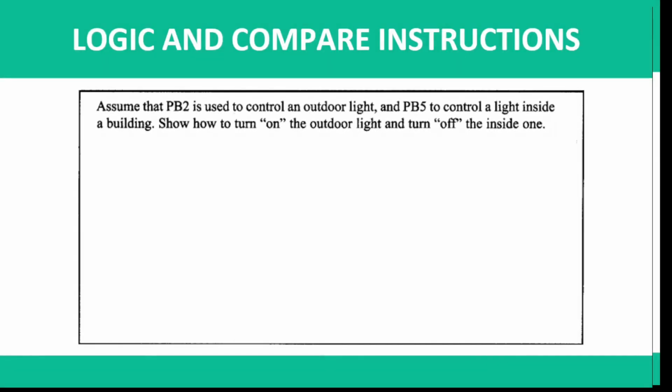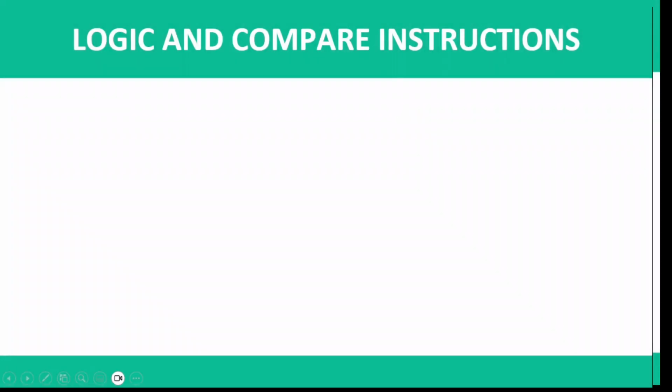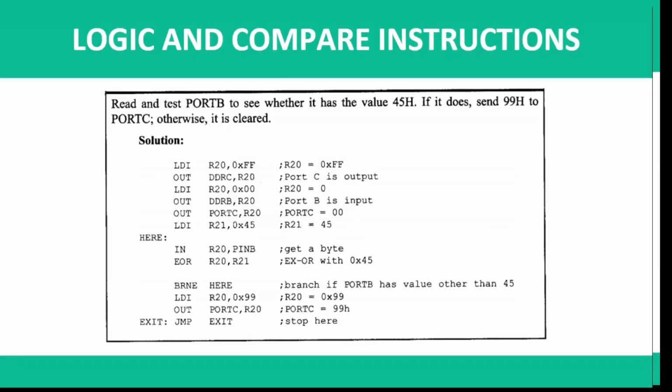Okay, going back to the sample for the exclusive OR, we have here an example to read and test port B to see whether it has a value of 45H, and if it does, we'll send 99H to port C, otherwise it is cleared.